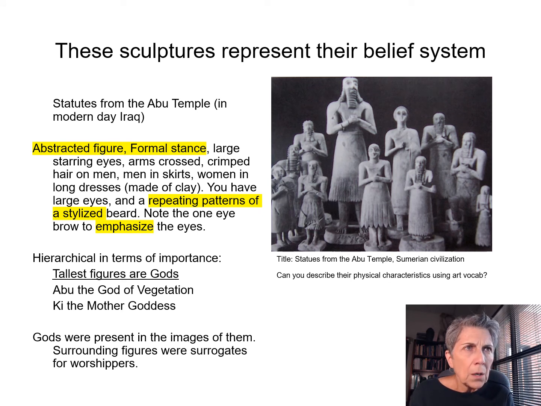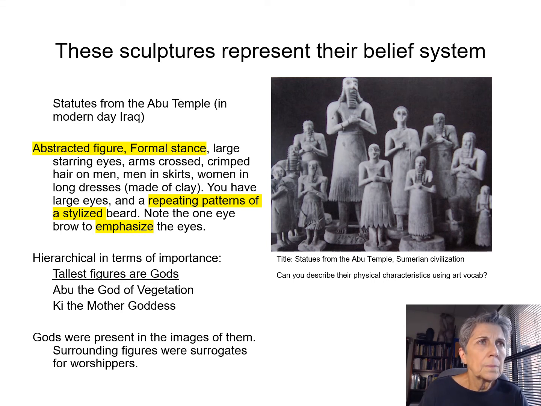And so it's hierarchical in that the tallest is the most important. Abu, the god of vegetation, is that tall one, and then Ki, the mother goddess, is the second. And then you've got some people like us that are standing around, with the gods and in prayer pose.